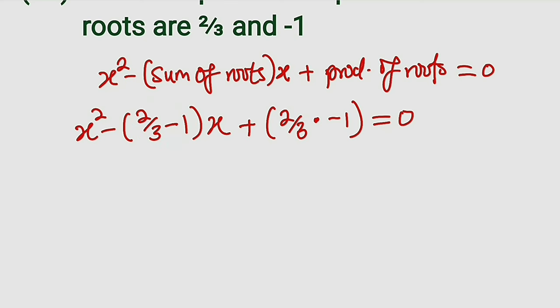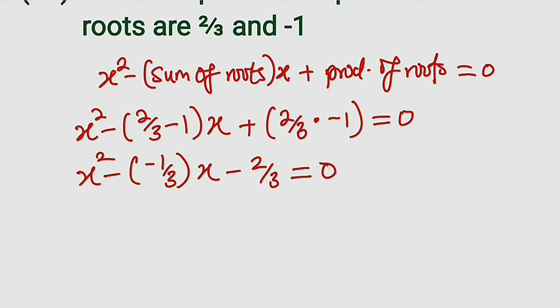2 over 3 minus 1 is the same thing as 2 over 3 minus 3 over 3, which is negative 1 over 3. So x squared minus negative 1 over 3 times x, then plus, okay, if you multiply this together, you're going to get negative 2 over 3. This is equal to 0. Minus minus is plus. So we have x squared plus 1 over 3x minus 2 over 3 equal to 0.